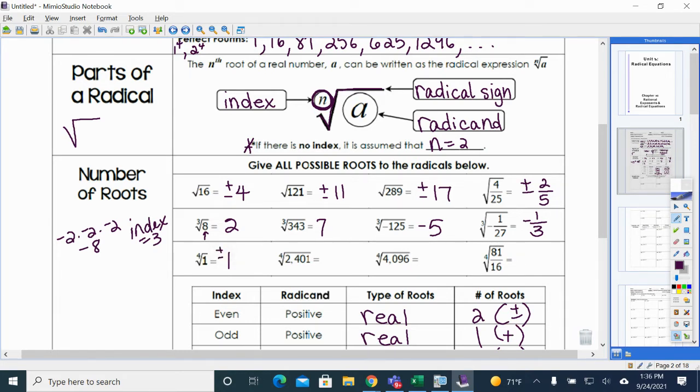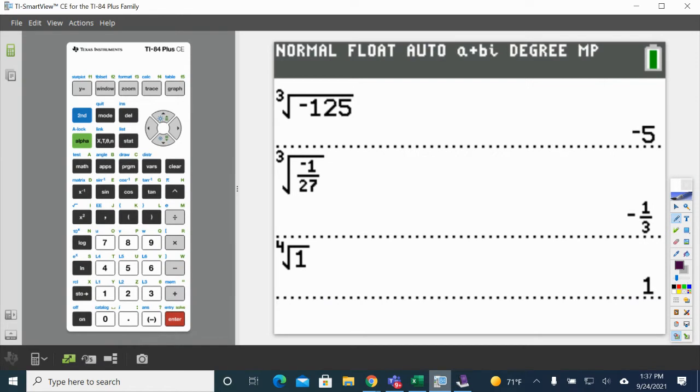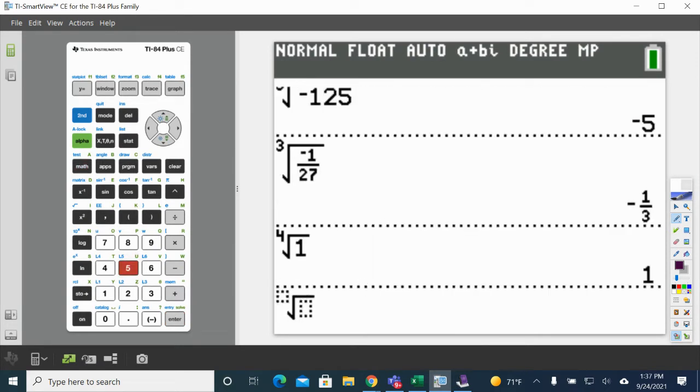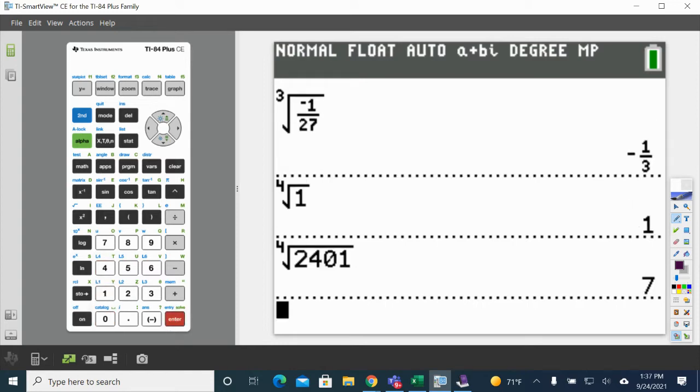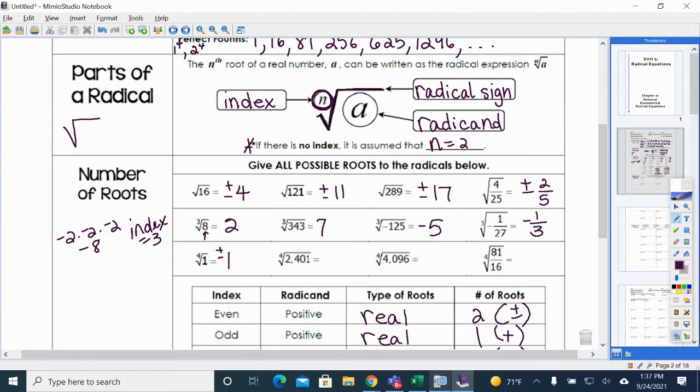It can actually be a positive and a negative, and I will explain why here in just a second. 4th root of 2401, Math, number 5, 4th root of 2401, it says 7. But again, because it is an even index, it can be a positive or a -7.